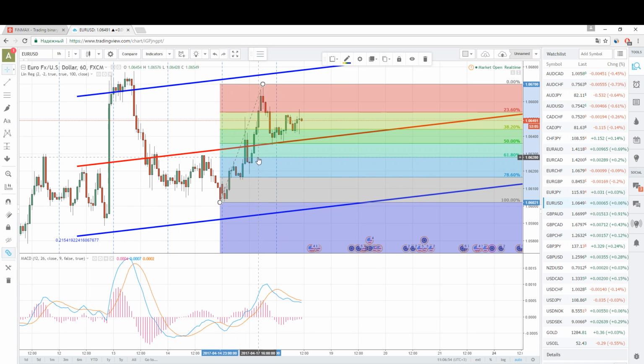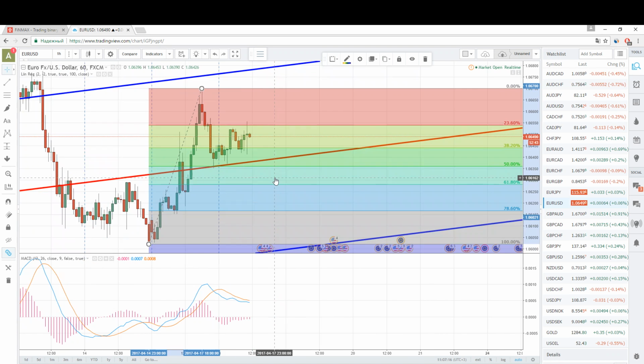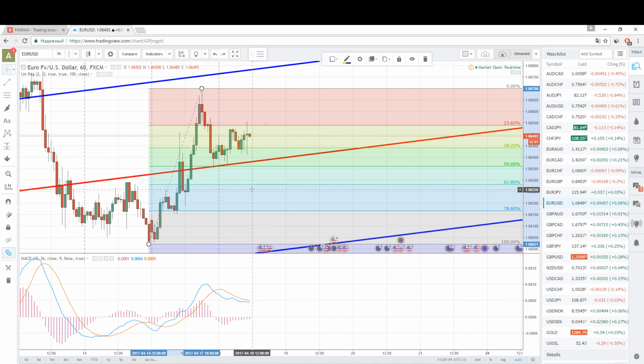First of all, if you pay attention, you will see that near these lines there is a place where prices consolidate, they rest for a while. So basically it's the same as support and resistance levels, and many traders believe that they tell us the levels of psychological comfort of the traders and of the market.